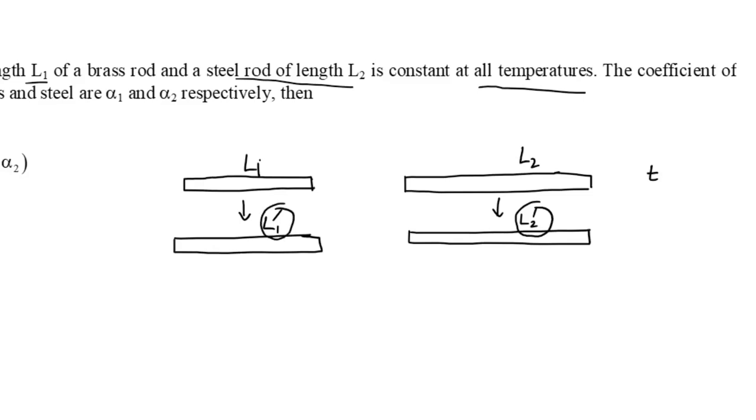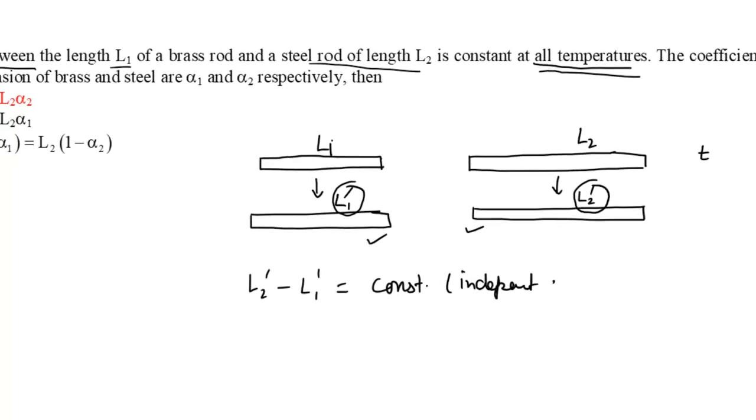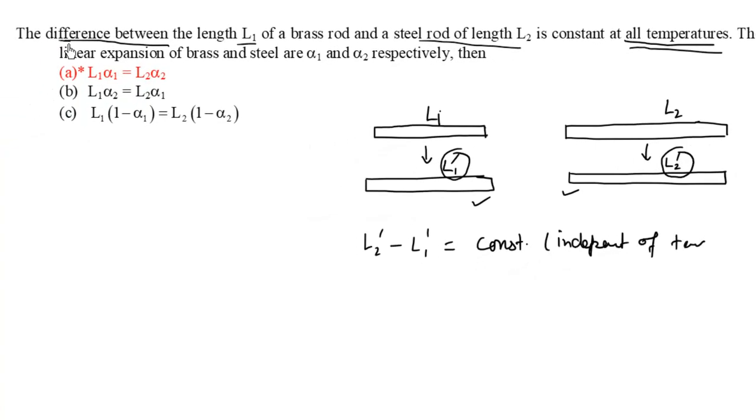So L2 increases to a new length L2 dash, and L1 increases to a new length L1 dash. In the question it is given that the difference of these two lengths is independent of temperature, I mean it is the same at all temperatures. It means L2 dash minus L1 dash is constant, it does not depend upon temperature.